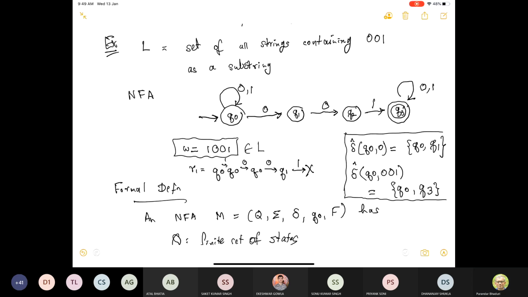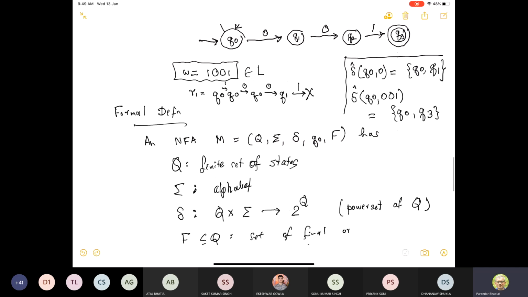Because there are no transitions labeled 1 out of Q1, okay? Which means that on reading a 1 from Q1, there is no possible next state, right? So we defined delta hat.